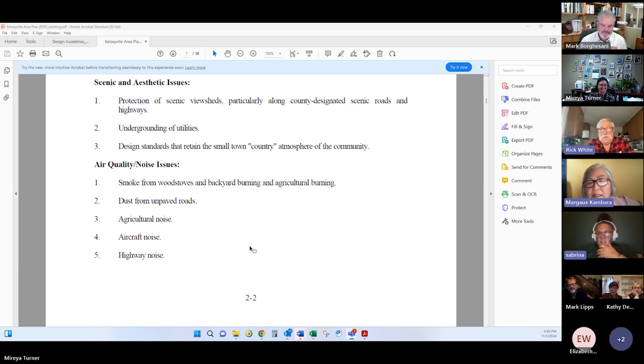Just coasting. Before we leave this page, I'd just like to add a footnote on the second one, dust from unpaved roads.